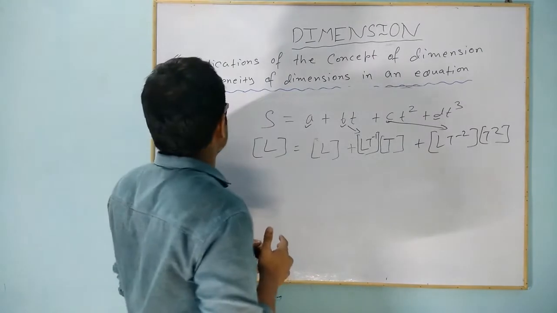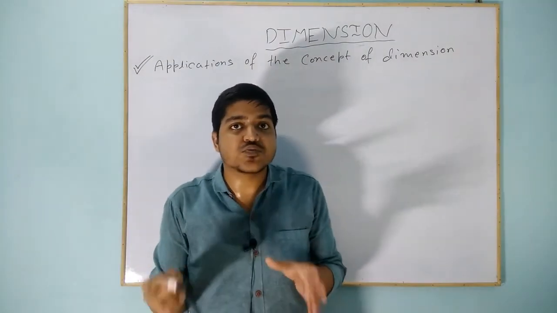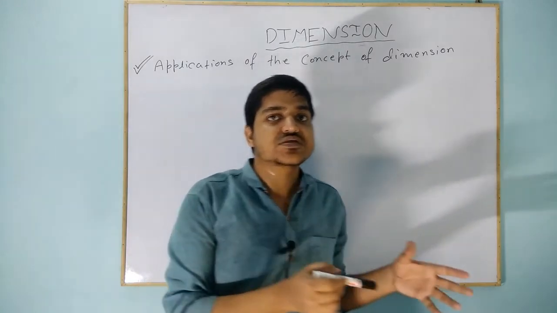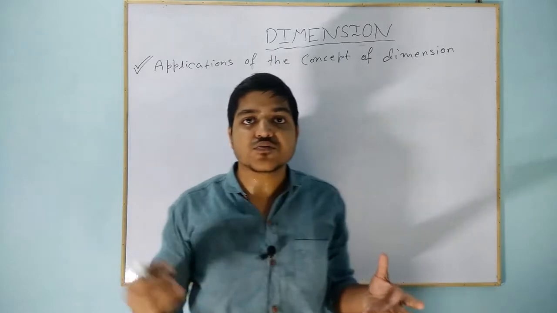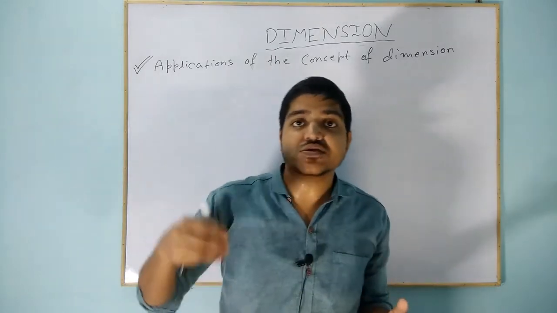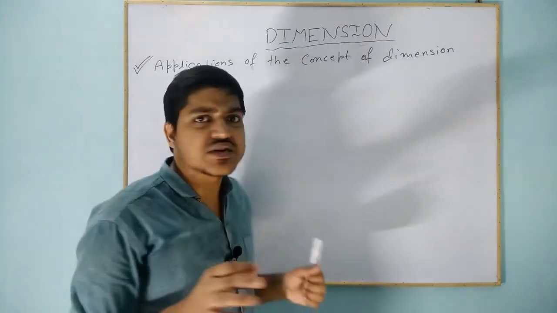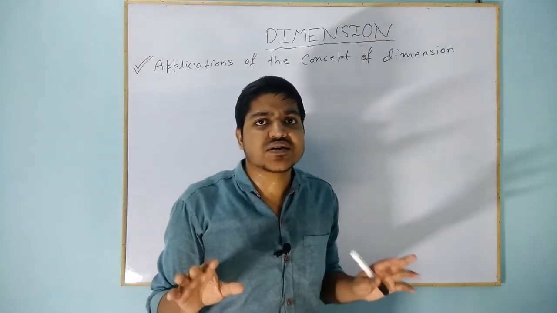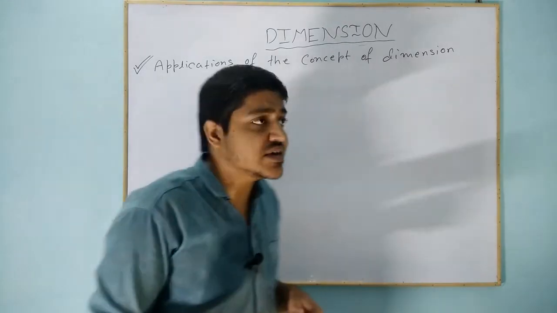So that's it. Let's move to the second application of dimension, that is to convert the unit of a derived physical quantity from one system of unit to other. Say from SI to CGS, or from CGS to SI, from CGS to MKS, from MKS to SI, right? When it comes to converting the unit of a fundamental quantity, it is very easy, because normally we know the conversion factor.